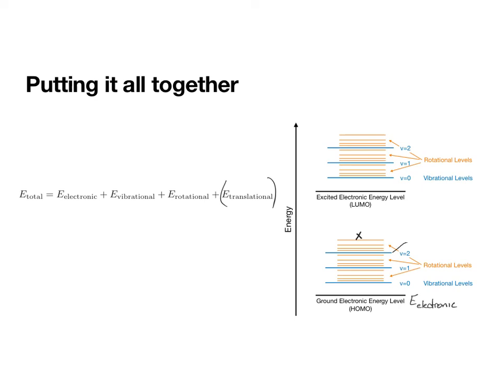It has the energy from this vibrational level, V equals 2, and it has the energy from the rotational level, which is J equals 4. And so a full description of the energy of this molecule requires these plus this kinetic energy.